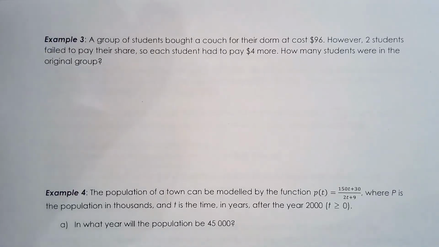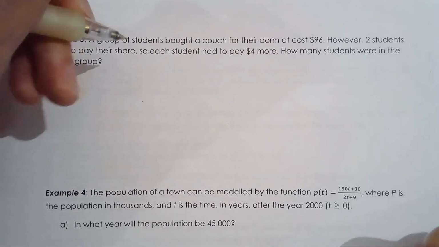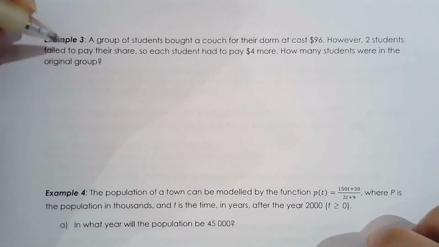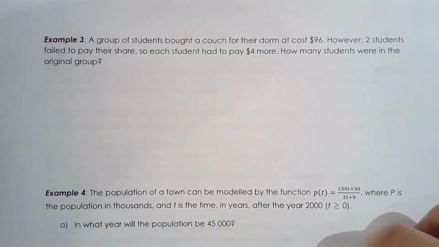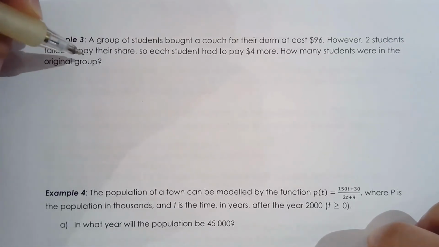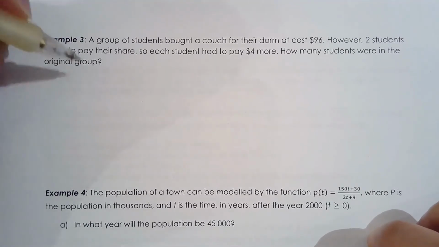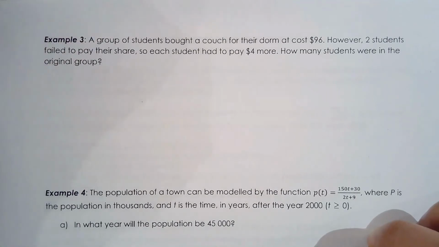To be honest with you, this question, similar to other rational equation word problems, the very beginning is the hardest part. You have to interpret the problem and generate the equation that models the situation. When you do the homework questions, you're going to get different kinds of rational equation word problems, but really the hardest part is always the beginning, which is building the equation.